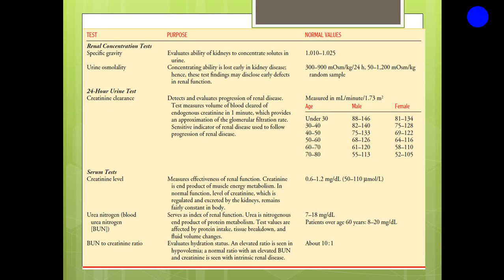It is measured in milliliters per minute over 1.73 square meters. Also, we have to do serum tests: creatinine level, blood urea nitrogen, and the blood urea nitrogen to creatinine ratio.